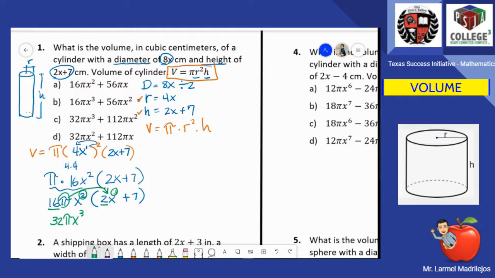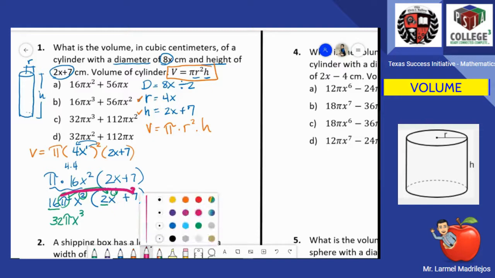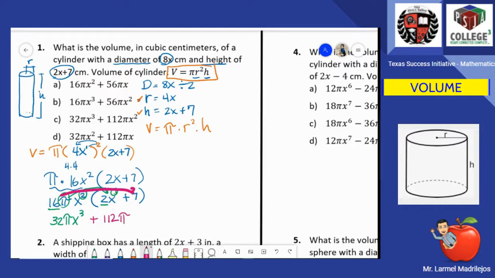Let me change color. Second term, 16 pi x squared times 7. 16 times 7 is 112. I'm going to copy the pi.